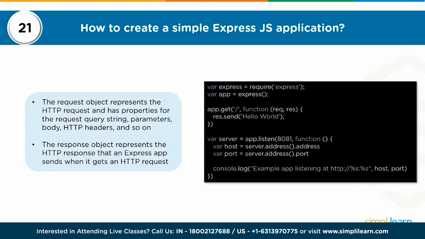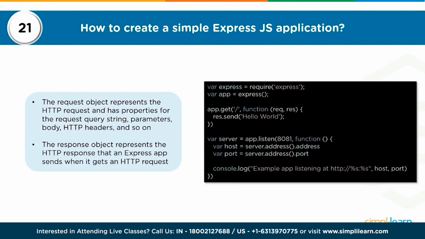In this example, in the first two lines, you require Express to be installed, and the install comes from Node Package Manager. Then we have a simple application that will send to the browser window a hello world message confirming that Express is up and running. And then the third block of content, starting with var server, defines the port where your application is going to run.